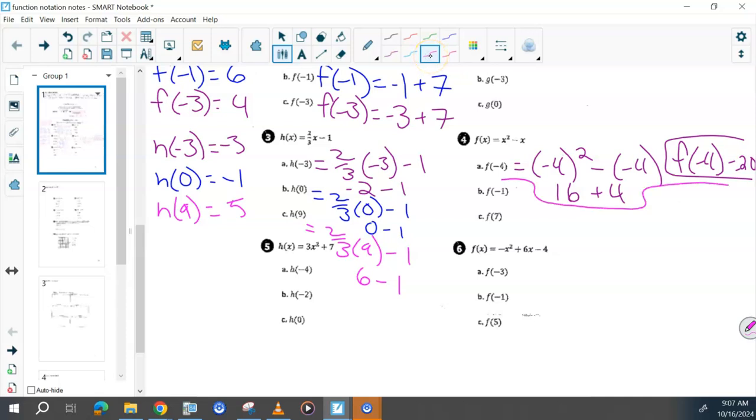Okay, so f of negative 1, let's do that one. Negative 1 squared would give us 1. So f of negative 1 is 2.